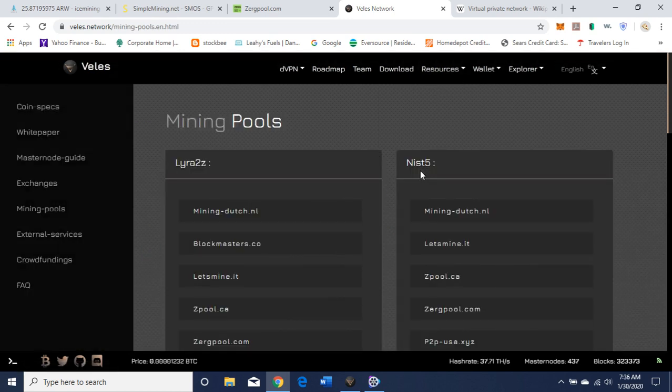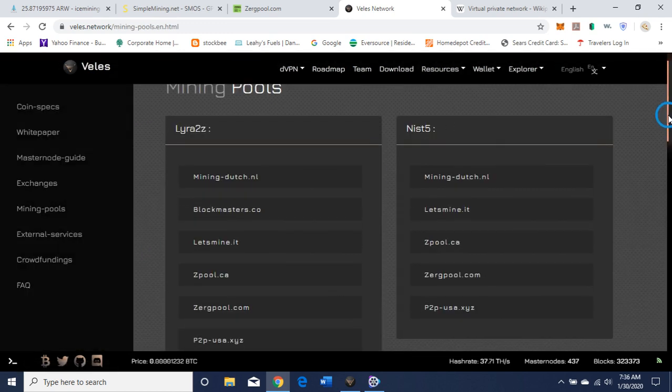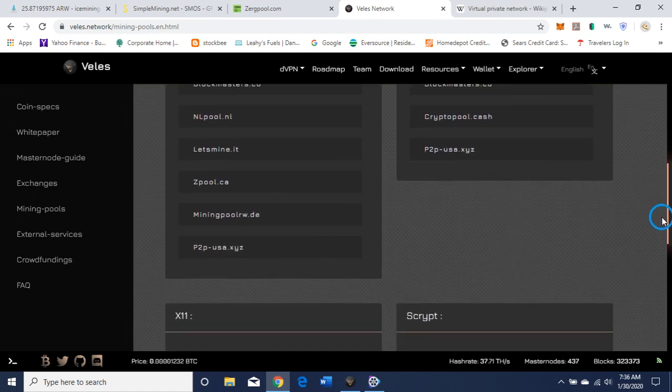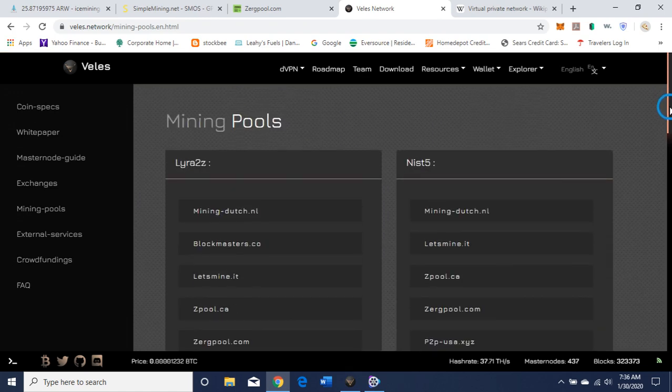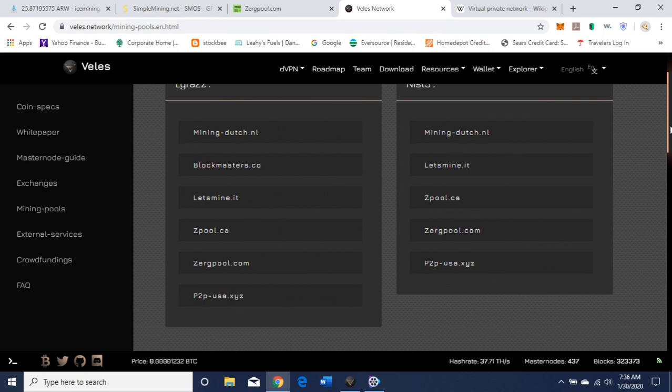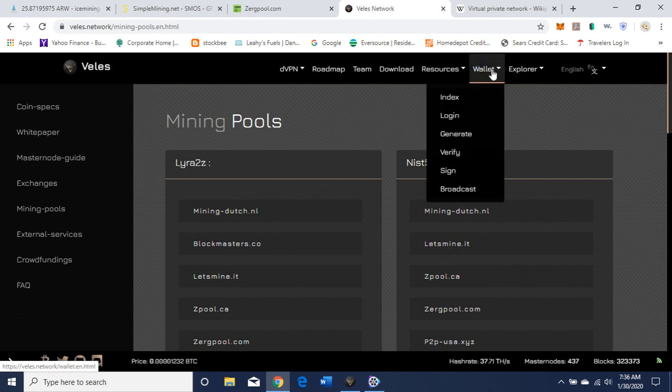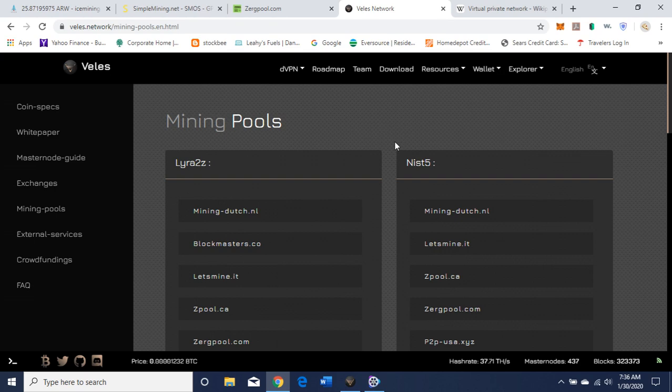So here are the mining pools. It depends on what algorithm you're using. I'm going to be using Lyra2Z on Zerg Pool. I'll get to that in a minute. Here's the wallet. You want to get the wallet.